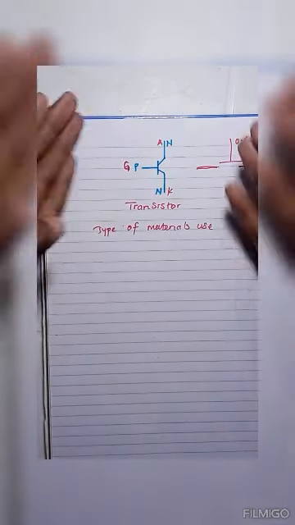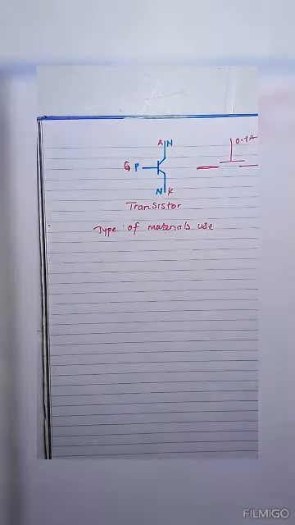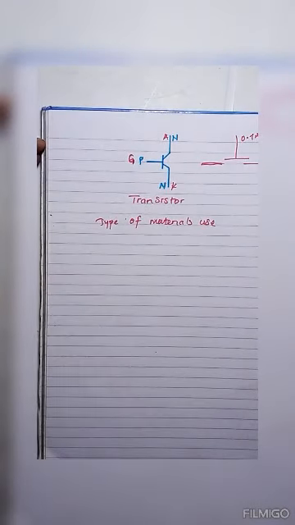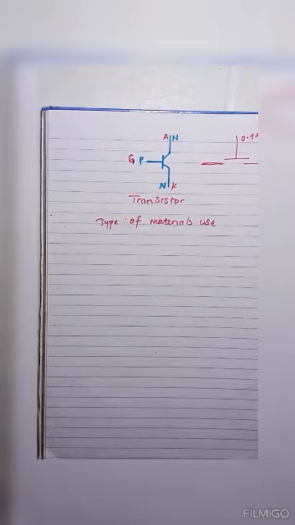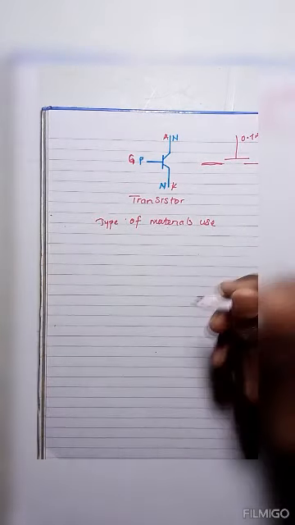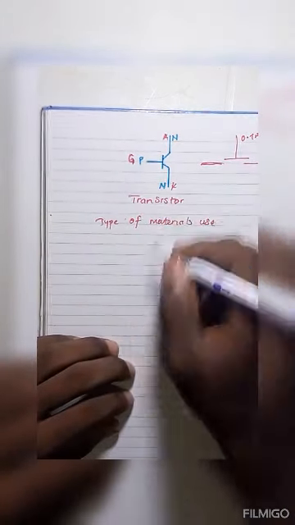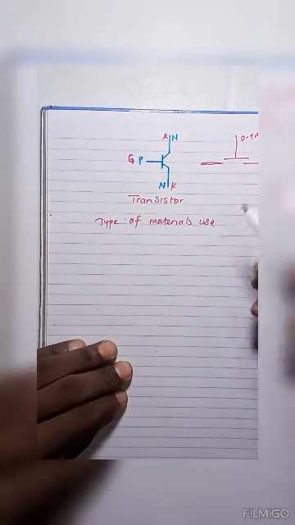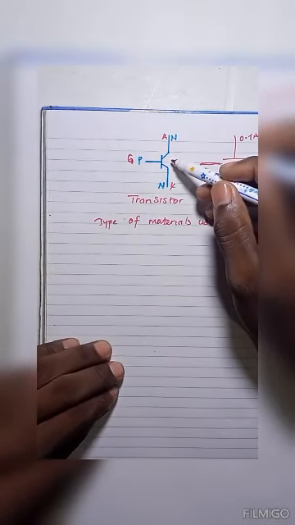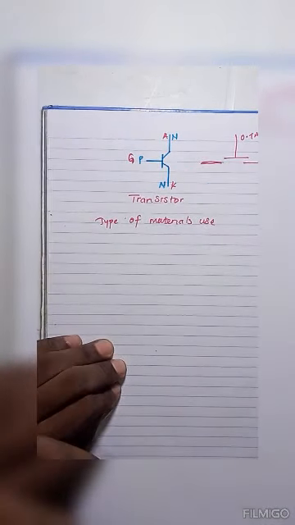Now, a transistor is simply built using semiconductor materials, and there are two types of semiconductor material, germanium and silicon. So transistors are built with germanium and silicon.